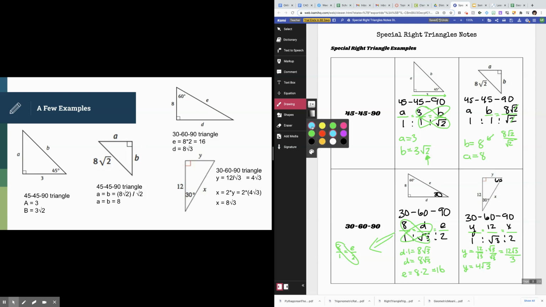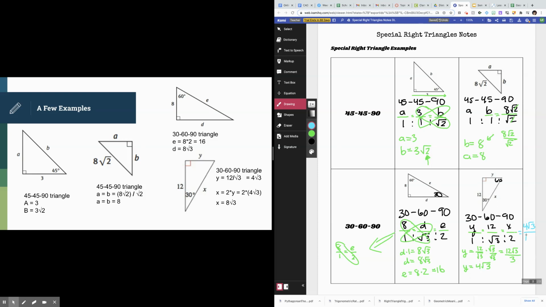Now that I know this, it's a little easier for me to figure out what x is, right? So if I rewrite this, I'm rewriting it in blue here on the other side. So this is the y fraction.